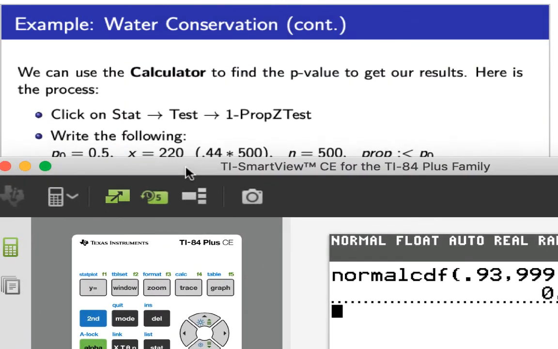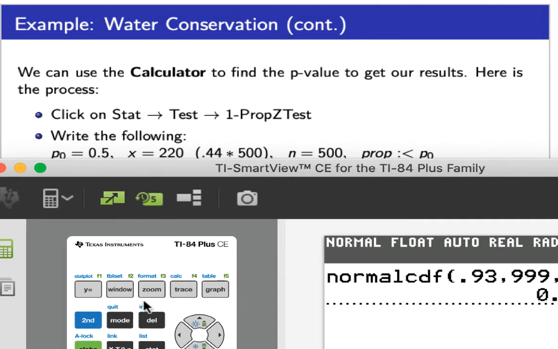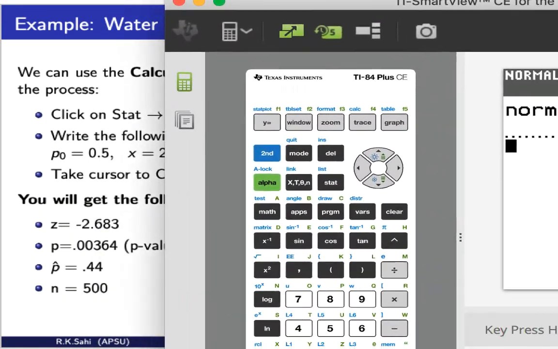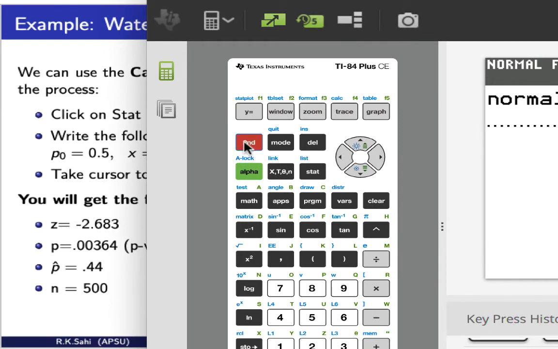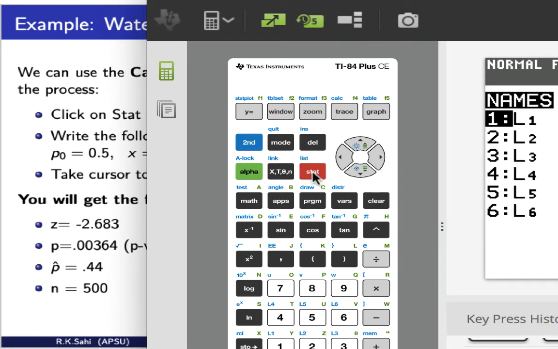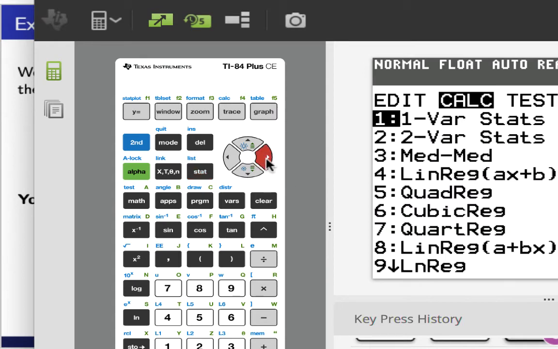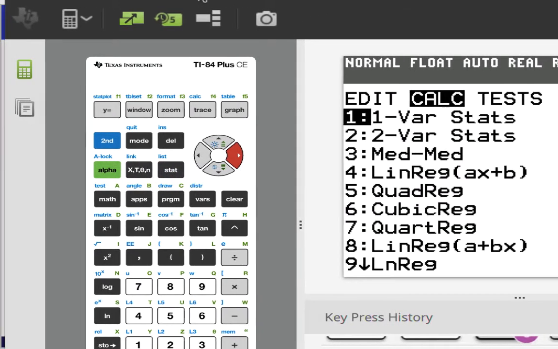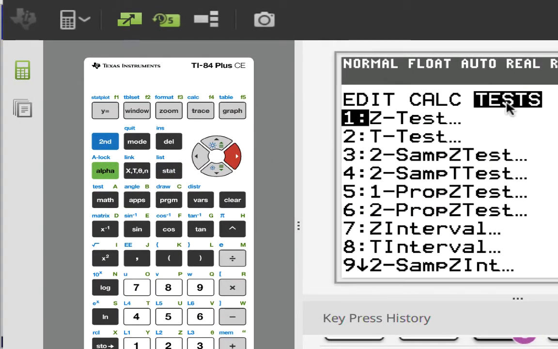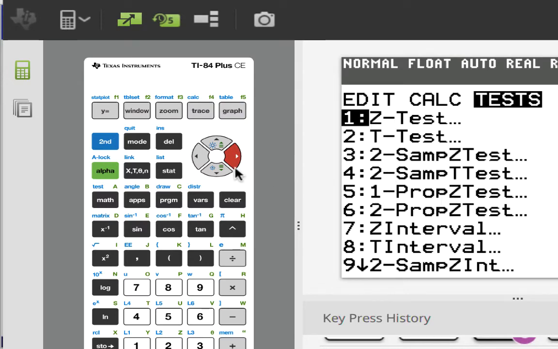So first thing you have to do is click on stat. Then when you click on stat, take the cursor to tests. Then you take the cursor to 1-PropZTest, the number 5.